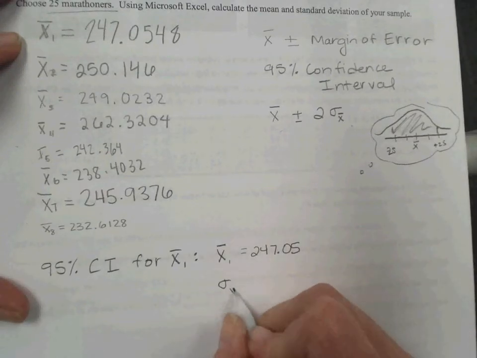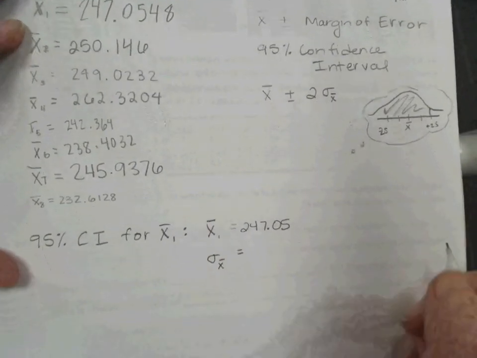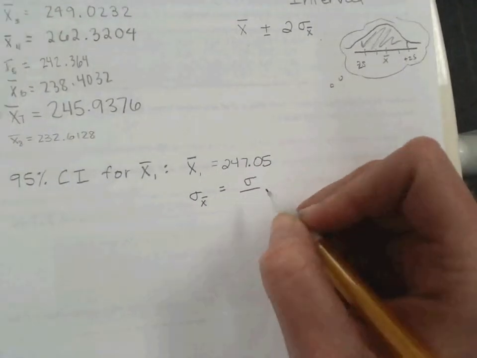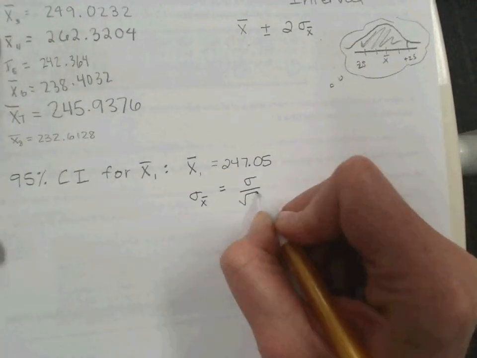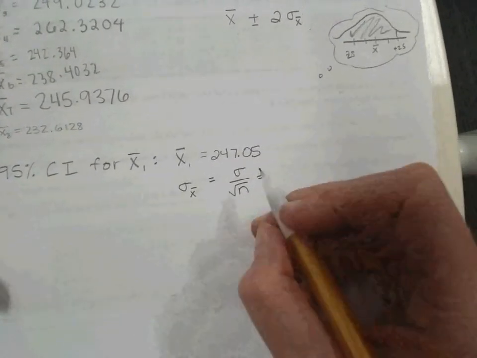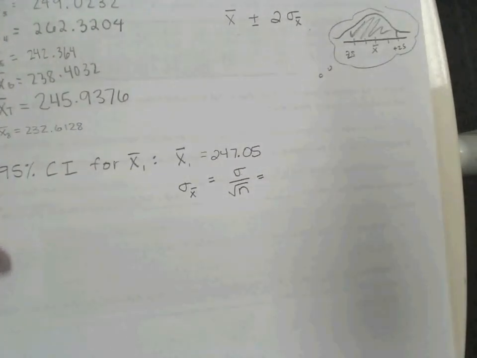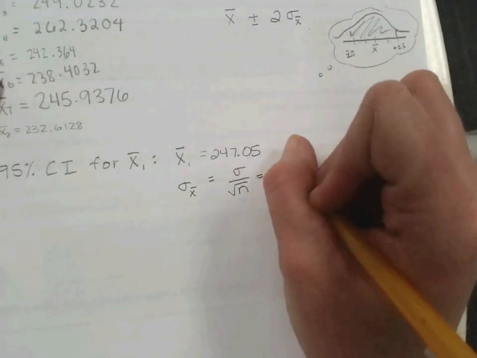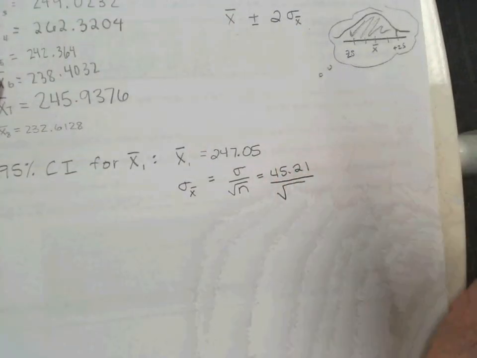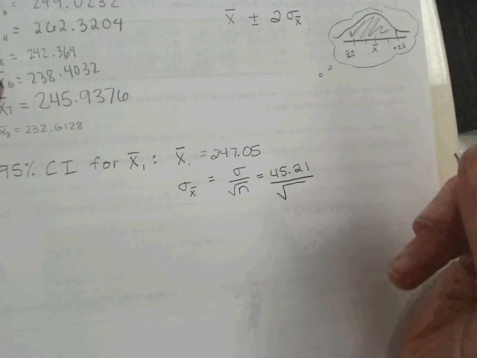And the sigma sub x bar, we learned that formula last week, is where we just take the standard deviation of the population divided by the square root of n. I actually do know the standard deviation of the population, and in this course that will always be information that's given to you. So the standard deviation for our population is 45.21, and the n value is what? 25?